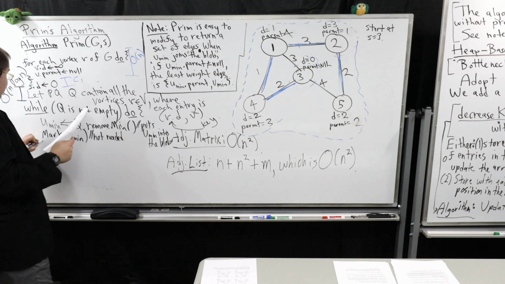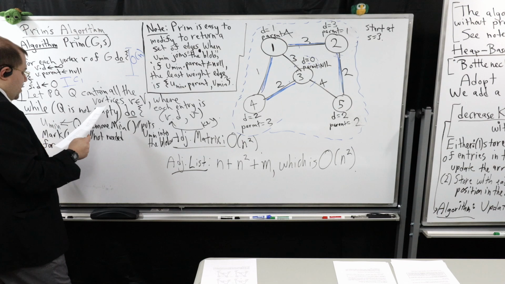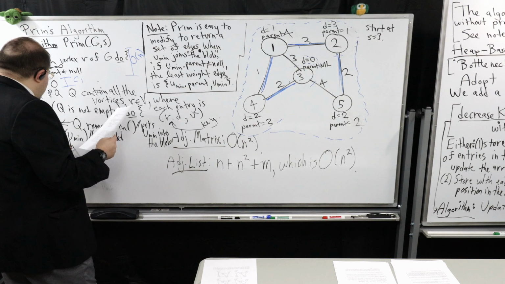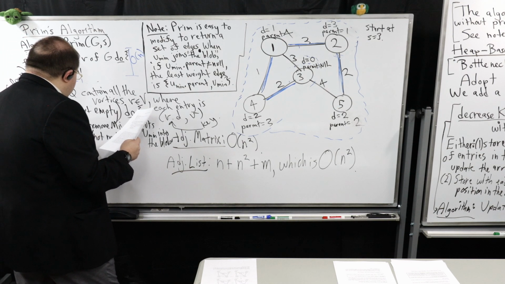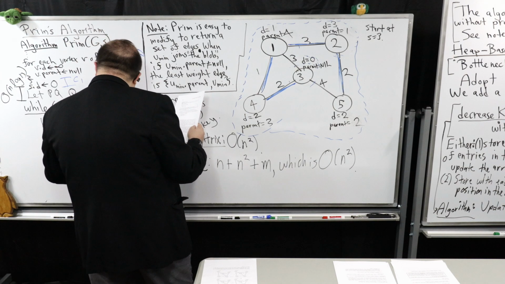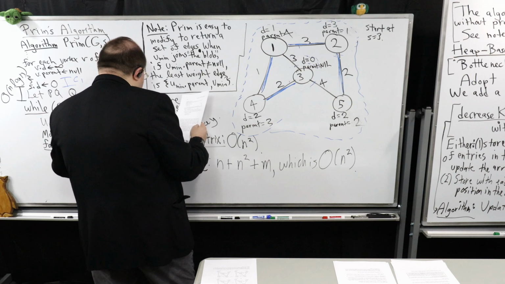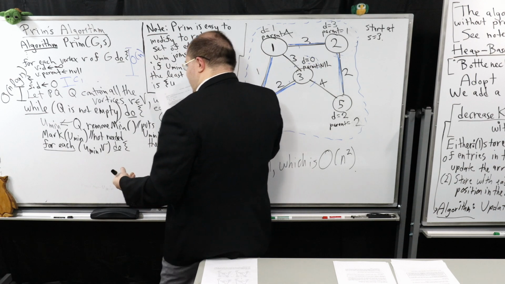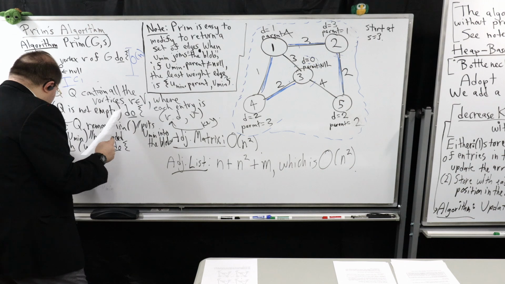And now I'm just going to do the same thing I had before with one small modification. For each umin v, I'm going to go through all the incident edges of umin. And I'm just going to see if I have a better d value I can improve upon.